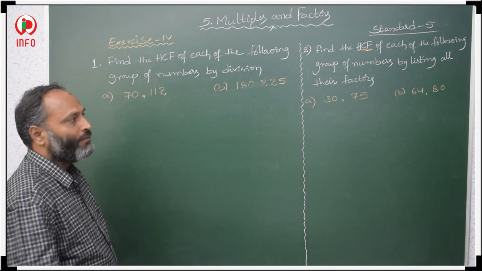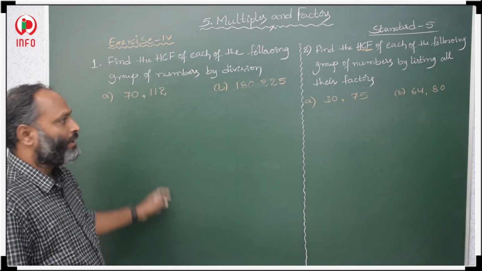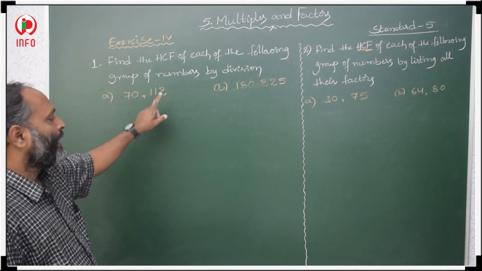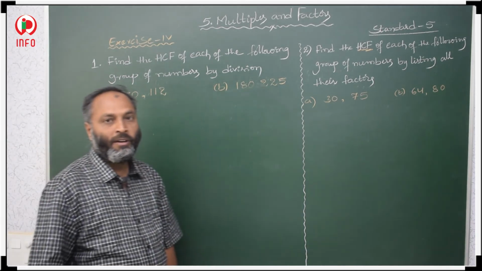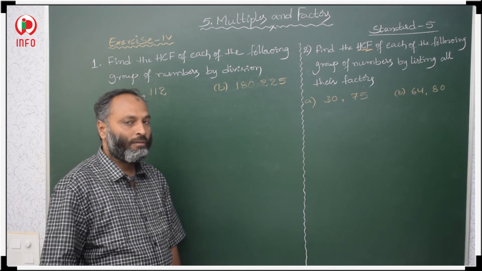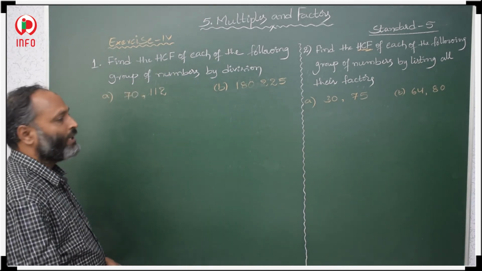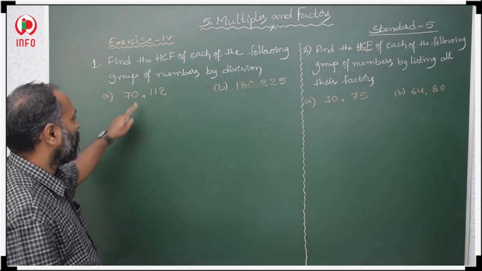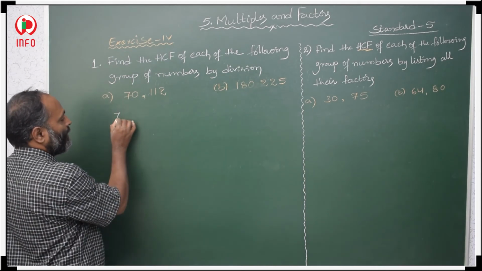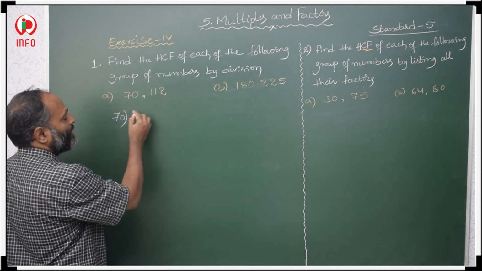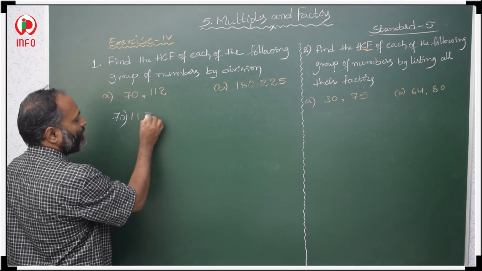The first question is 70 and 112. How to find it using the division method? First we take the smaller one as the divisor and the bigger one as the dividend.